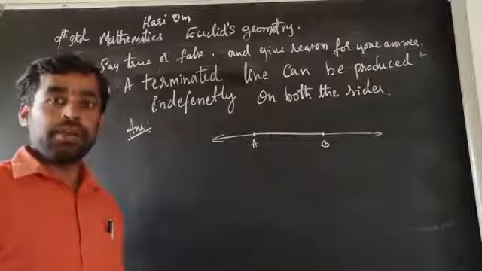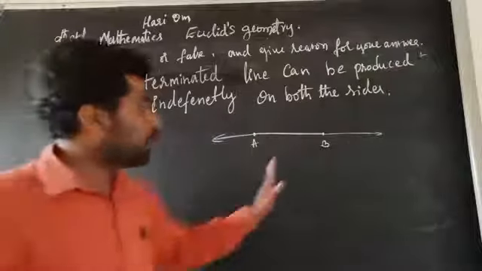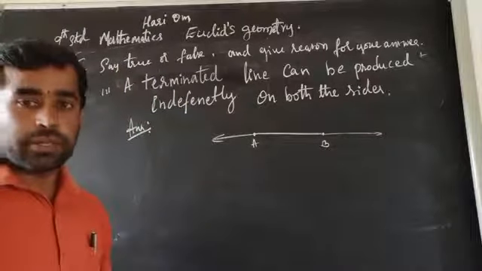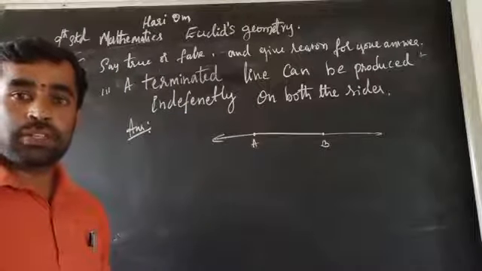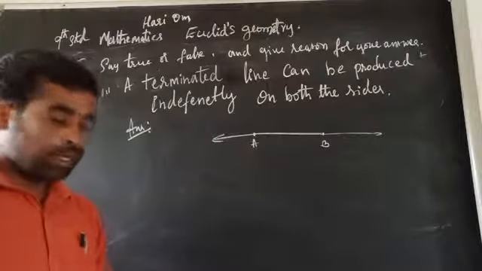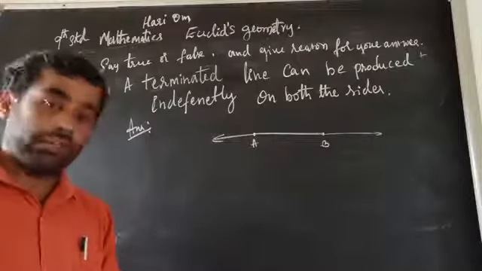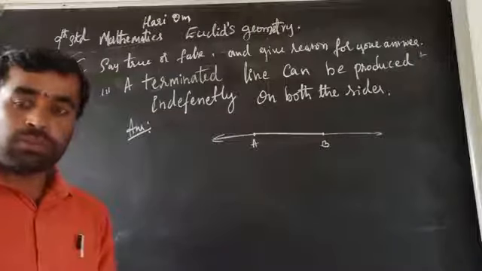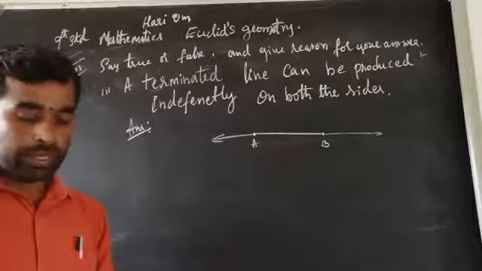A terminated line or a line segment we can extend on either side. Is it clear? This is what they give. So is it a true statement or false statement? It's a true statement. So a terminated line can be produced indefinitely on either side. Is it clear? So this is what they have given.